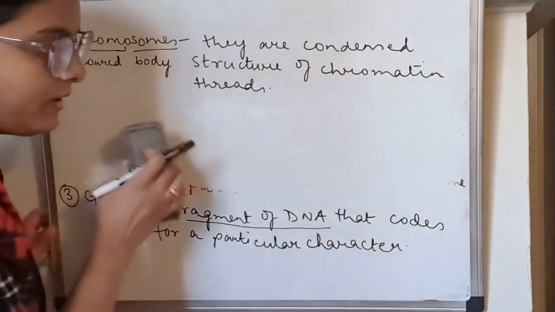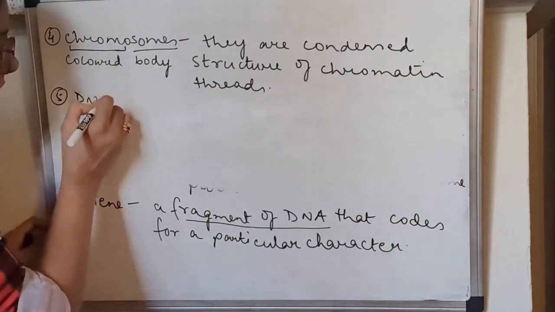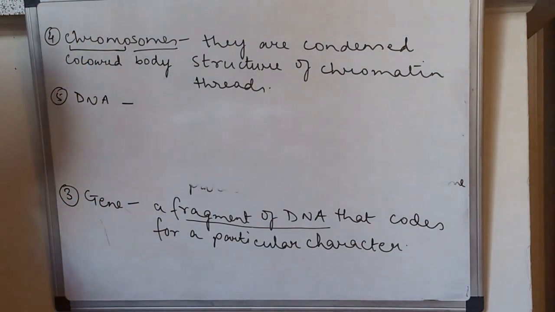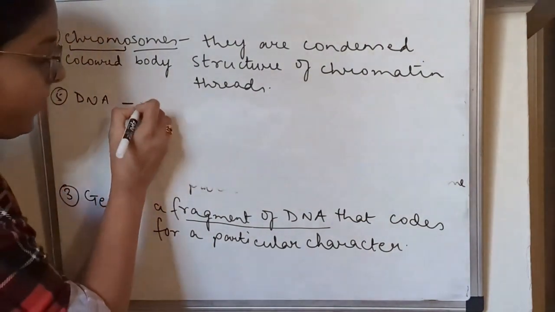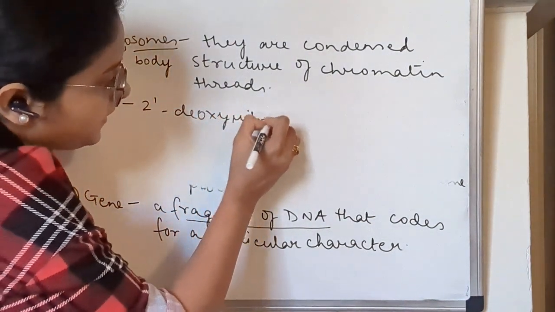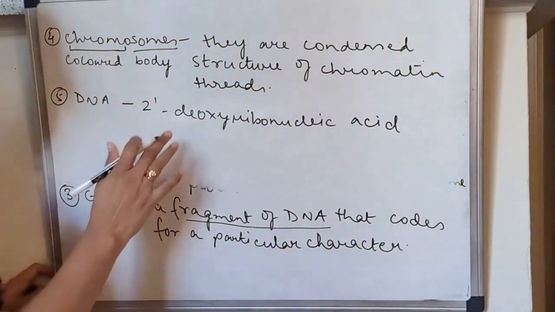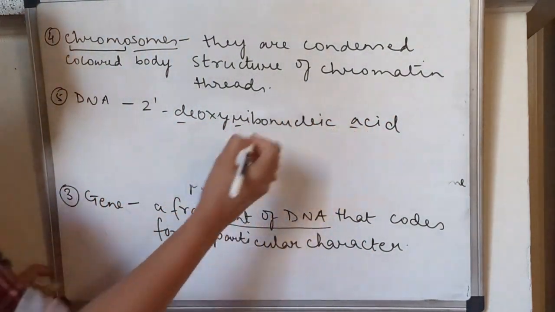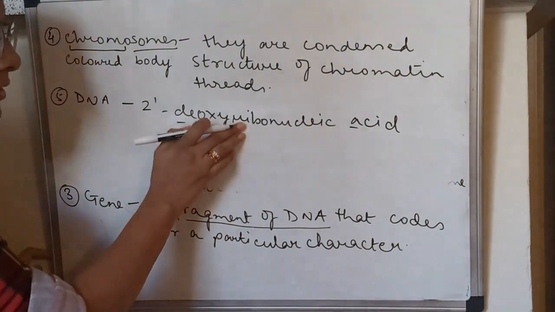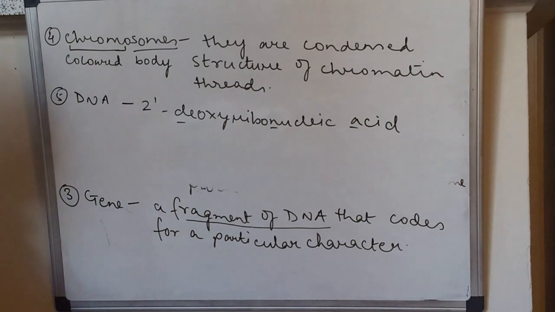Alright, so the next one is, what is DNA? These are very simple terms, but we need to just have a small brush up before starting the chapter. DNA by definition is 2' deoxyribonucleic acid, right? So DNA is deoxyribonucleic acid, fine. And apart from that, what is it actually doing in our cell?